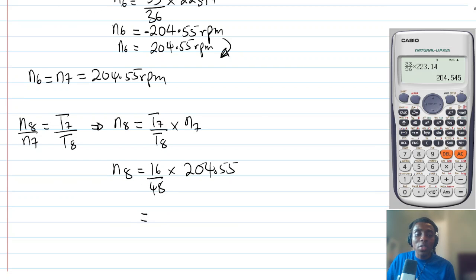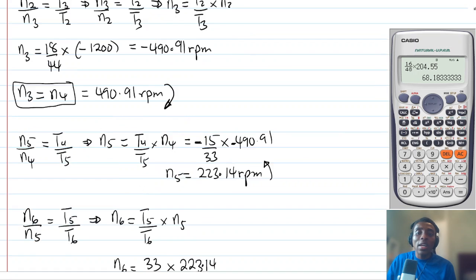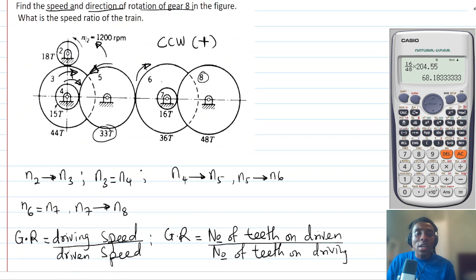So that's going to be 16 over 48 multiplied by 204.55, which is 68.18 RPM. But you realize that 6 and 7 are going to move in this way, and it's going to force 8 to come back.